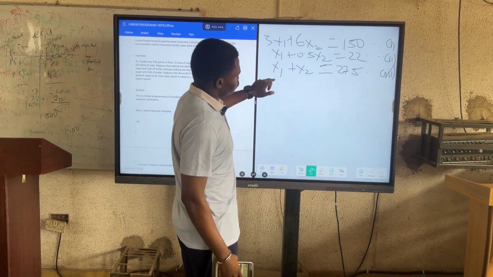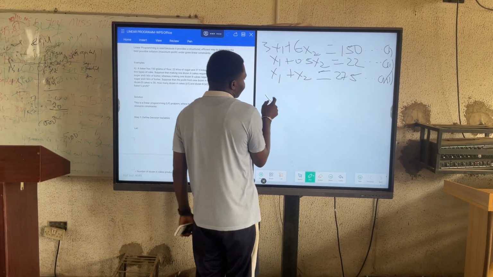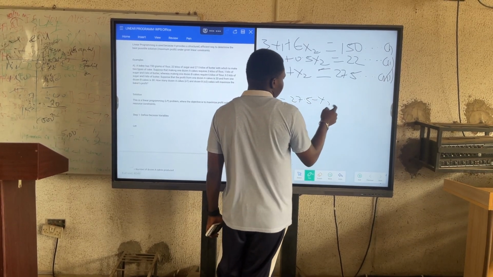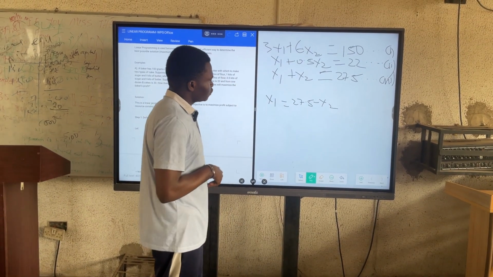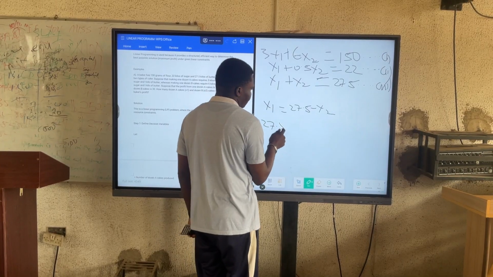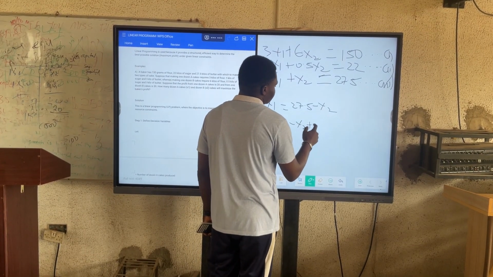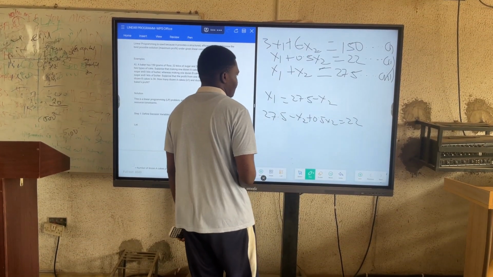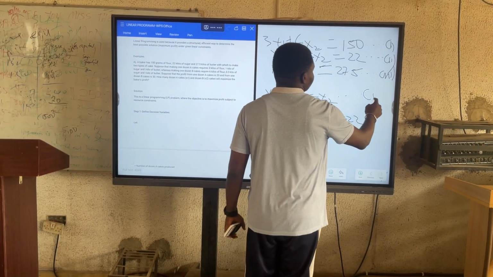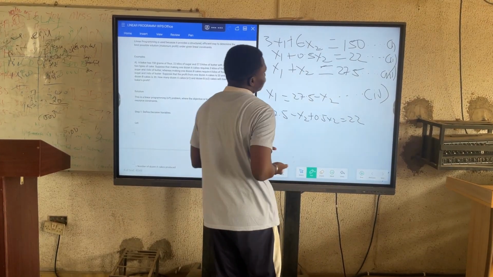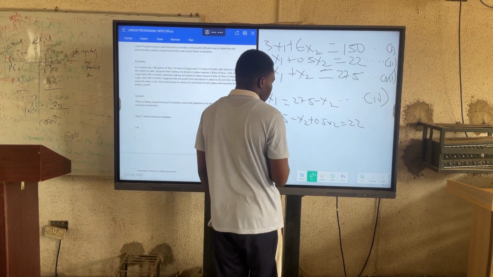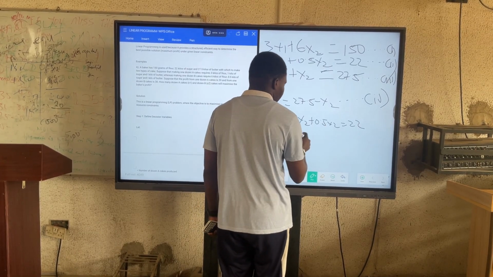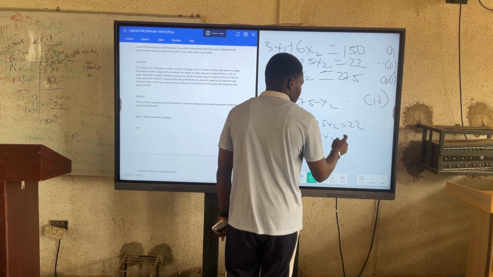Now I'm going to use equation 3 to substitute into equation 2. x1 equals 27.5 minus x2, equation 4. Let me substitute it into equation 2. 27.5 minus x2 plus 0.5x2 equals 22. So 27.5 minus 1 minus 0.5, that's minus 0.5x2 equals 22.